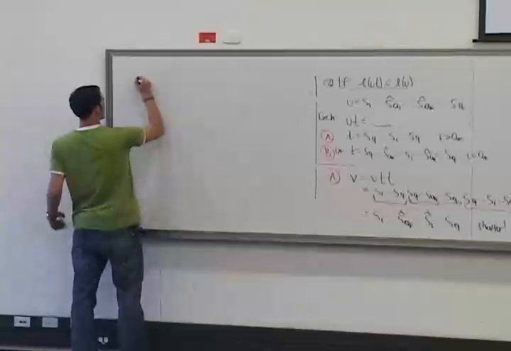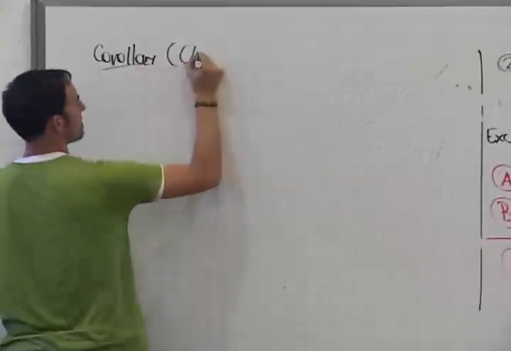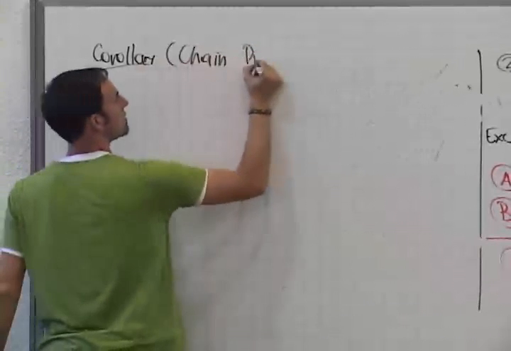Another nice consequence is this one, corollary. And this sometimes is called the chain property.